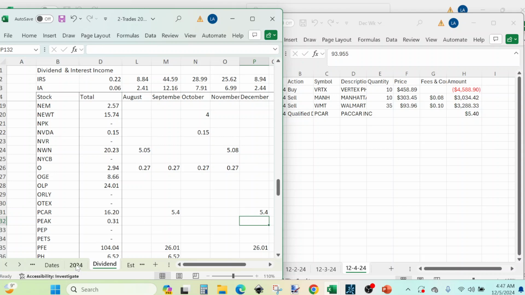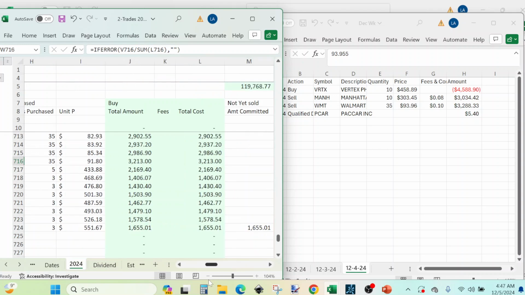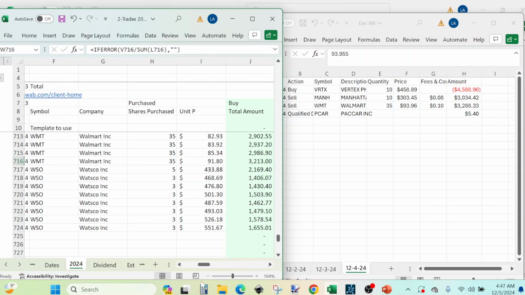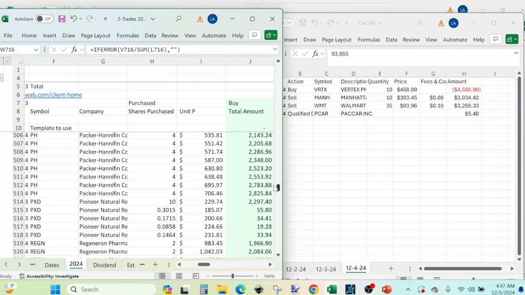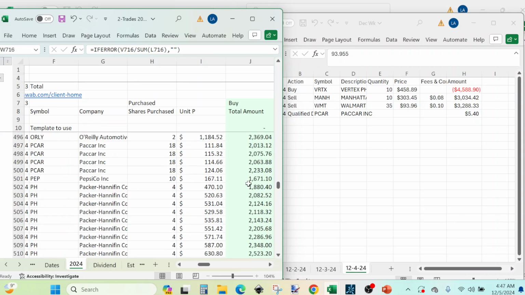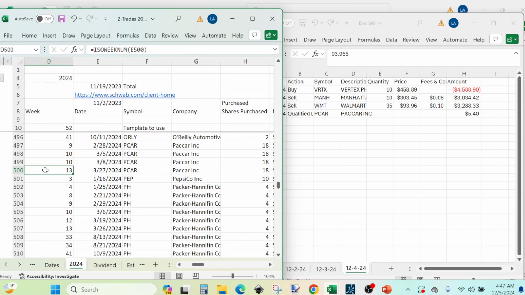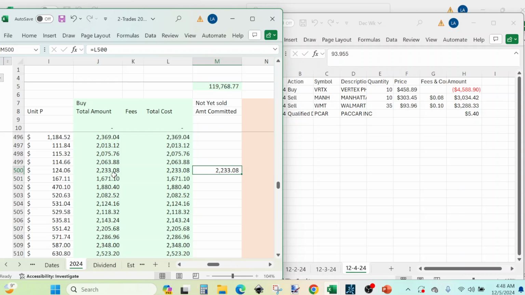And if we want to know when was the last time we purchased it, we could go up and you can see we purchased it in March, so it has been in the account for almost a whole year.